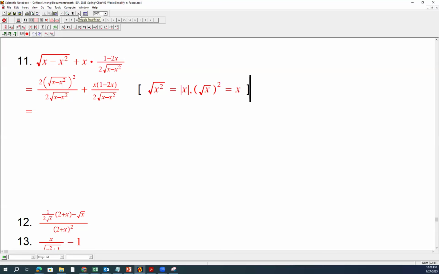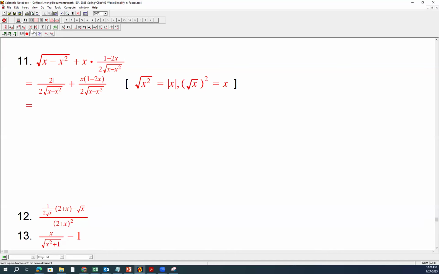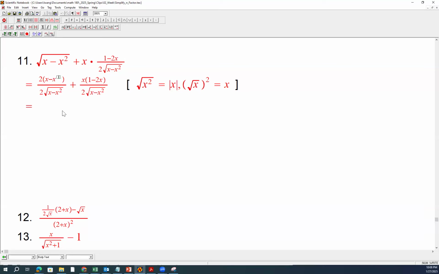Okay, take it for now. So we have the latter form. After this piece has been squared, we end up with x minus x squared.